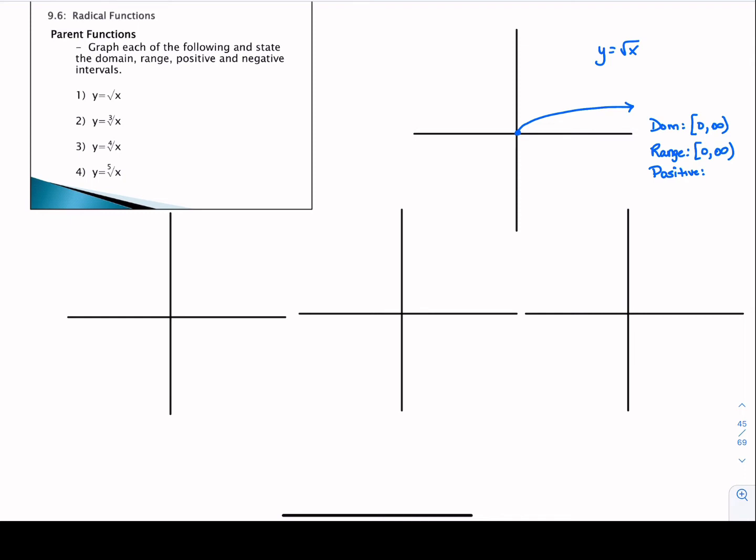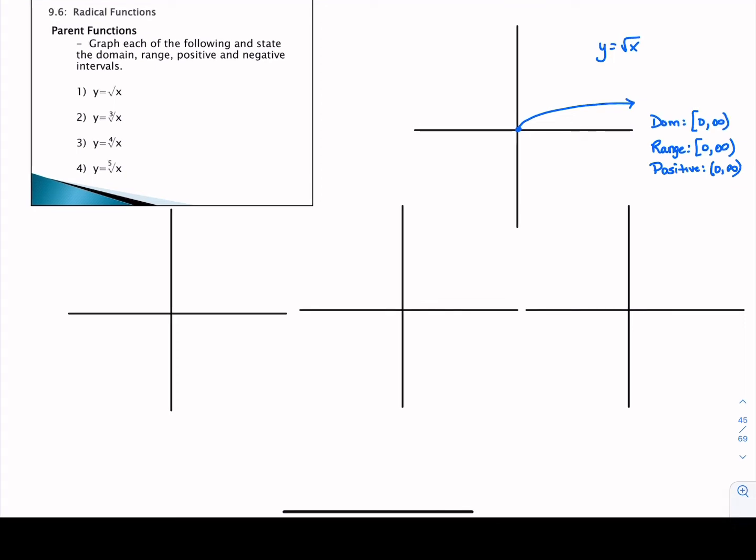And the whole graph is sitting above the x-axis, but we have to say that it's positive from 0 to infinity. So if we trace along our domain from 0 to infinity, the graph is going to sit above the x-axis. But we're not allowed to include 0, even though it's a point on the graph. If you were to put your pencil on 0, you're not completely above the x-axis. You're actually right on the x-axis. So we say the graph is only positive from 0 to infinity.